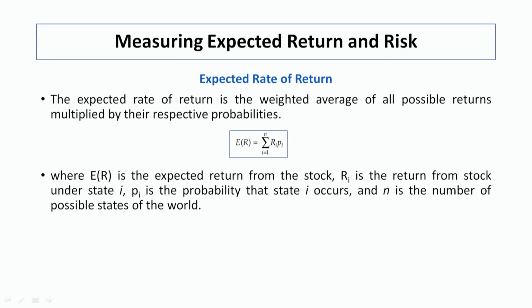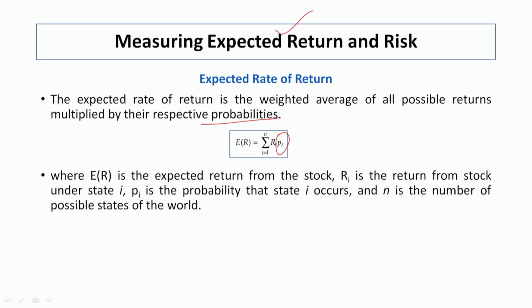Now coming to measuring the expected return and risk. Expected return is the weighted average of all possible returns multiplied by their respective probabilities. Expected return means we are expecting what may come in the future, so there are probabilities assigned to it.